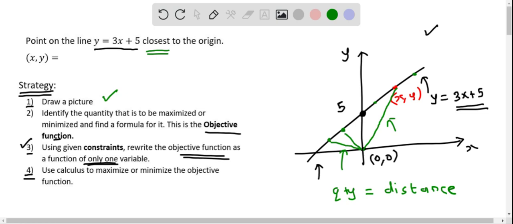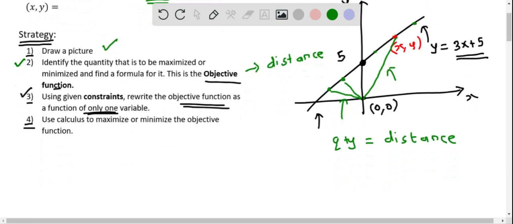Therefore the objective function is the distance function. We have identified the objective function. Now let's move on to the third step. Using the given constraints, we have to rewrite the objective function as a function of only one variable. First, going back to the second step, let's write down the distance function.